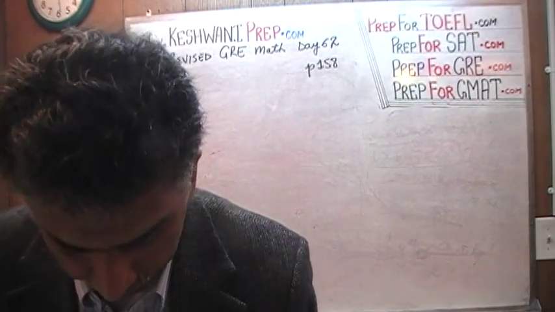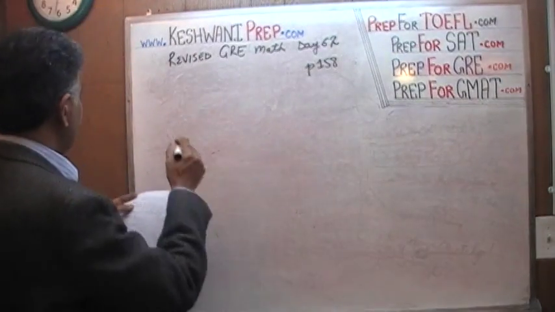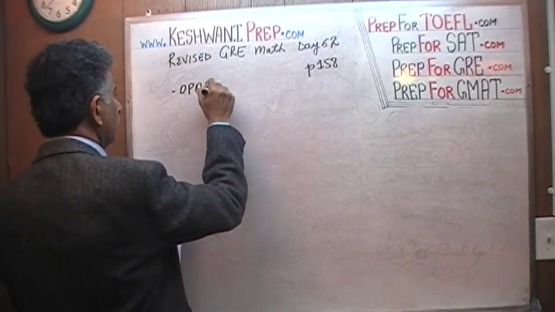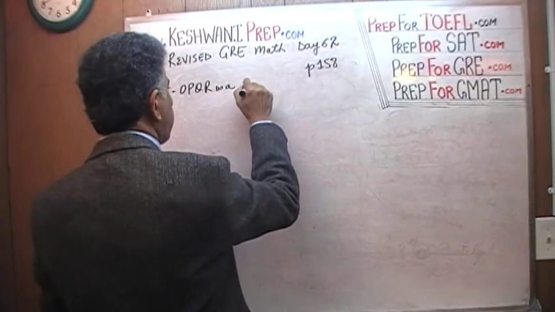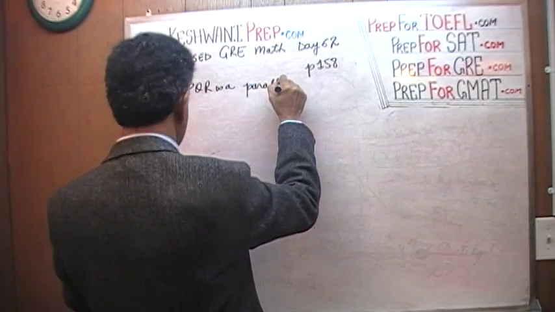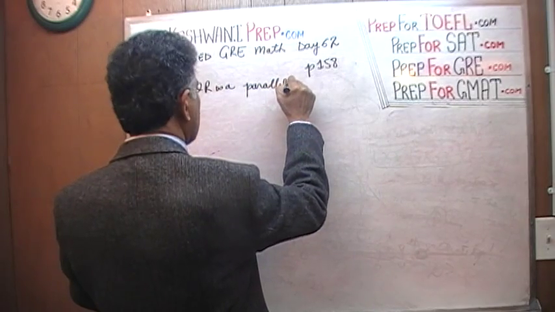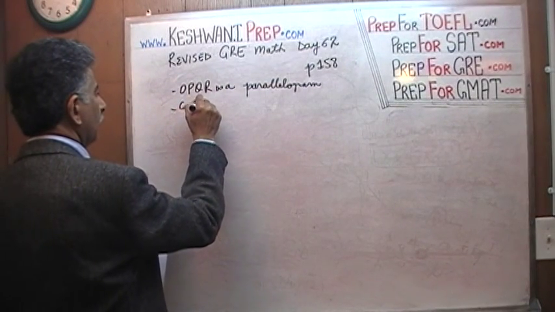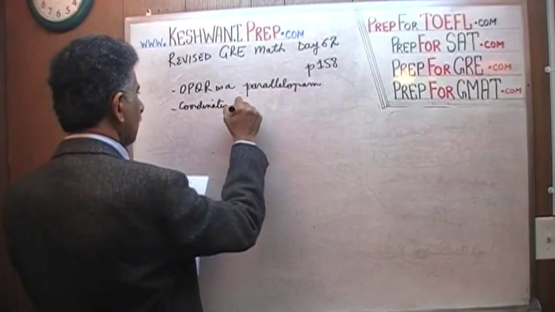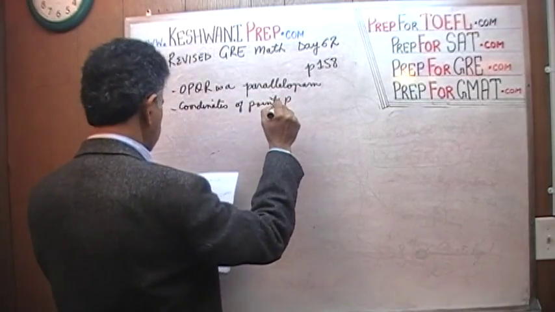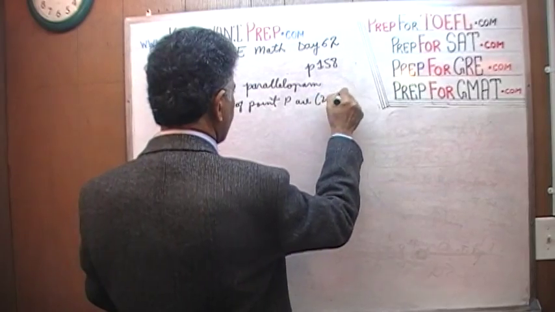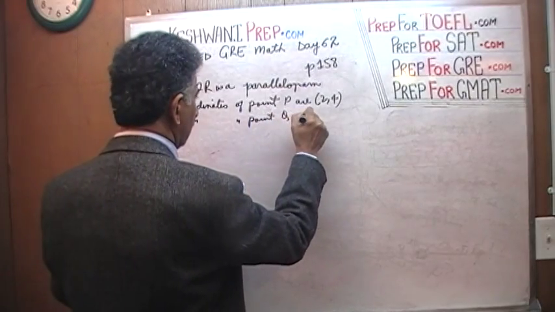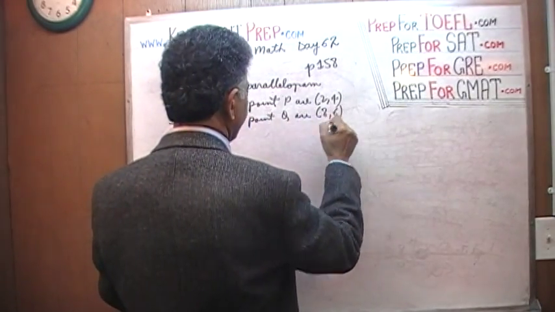The very first problem on the top of the page is about the parallelogram. We are told that OPQR is a parallelogram. We are also told that the coordinates of point P are 2 and 4, and the coordinates of point Q are 8 and 6.